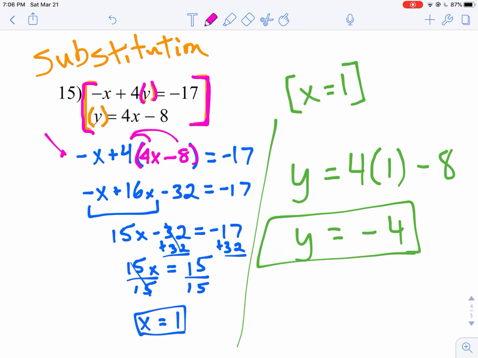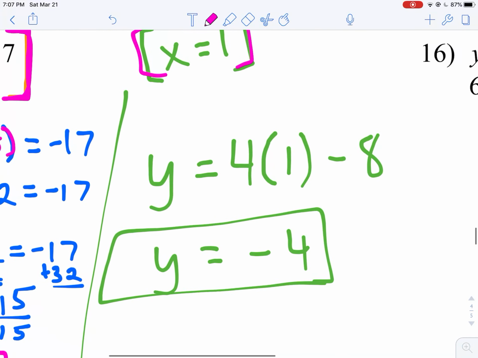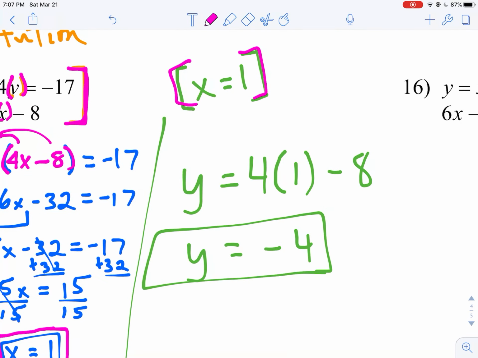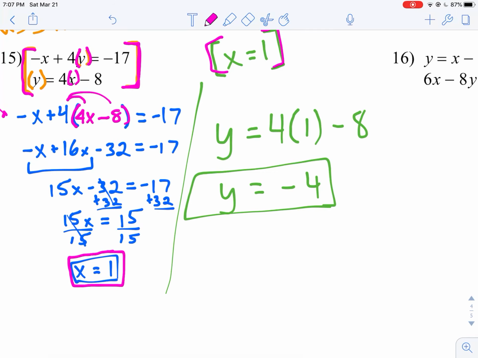Then in green, I plugged in for x. If x was equal to 1, then I plugged in, here's an x right there, so y equals 4, and then instead of x, I substituted a 1, and then I solved, and that's how I found my y.